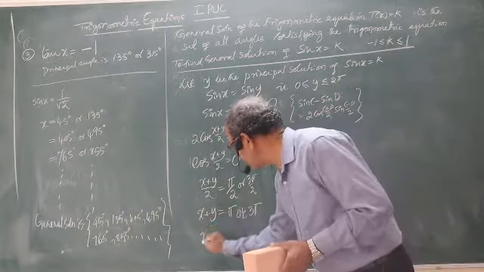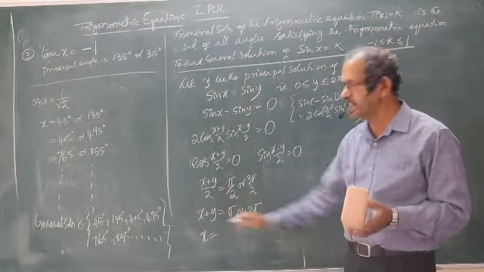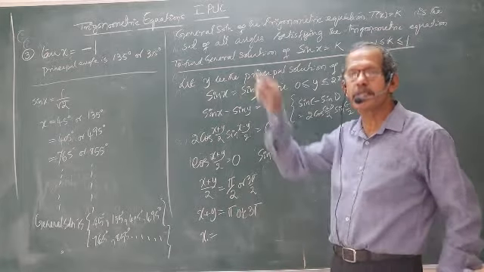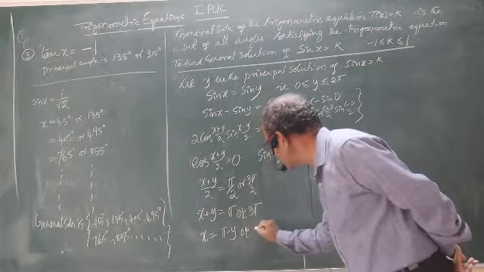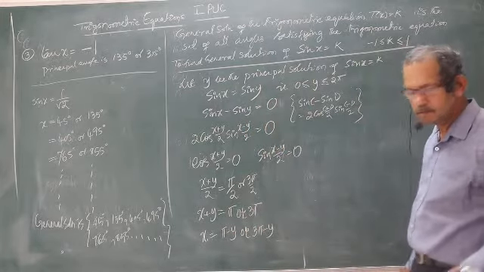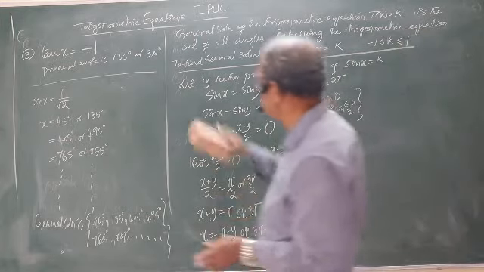Finally, x equal to, we need x, general solution means x in terms of y, because y is the principal angle. Pi minus y or 3 pi minus y. x equal to this.